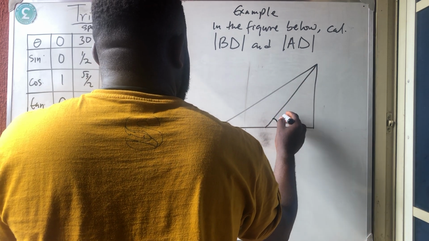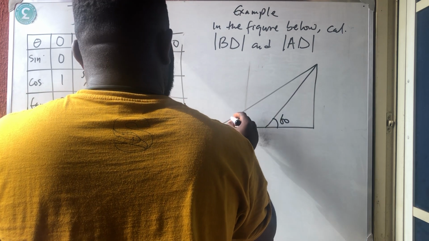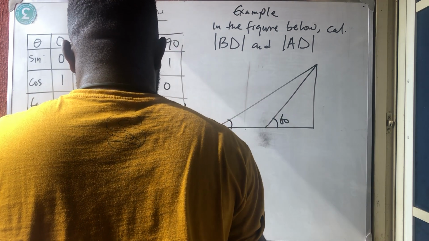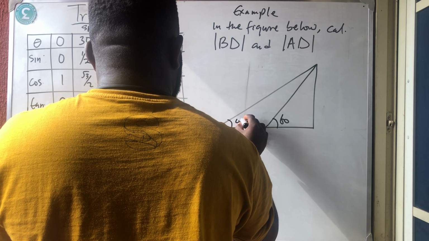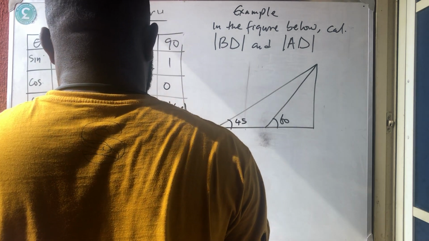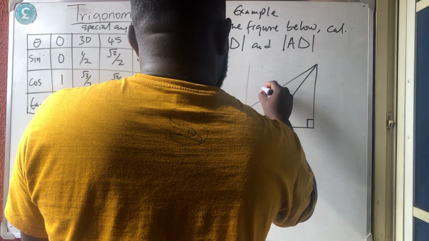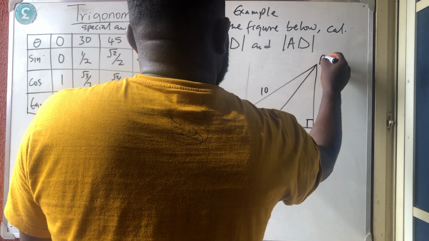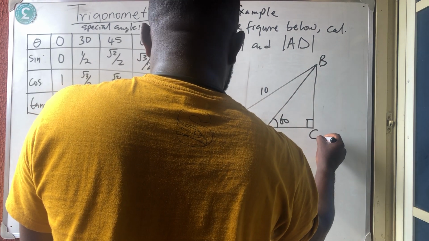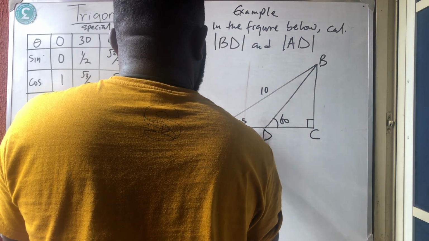I have that here is 60. Here is 45. Here is 90. And here is 10. Here is B. Here is C. Here is D. And here is A.